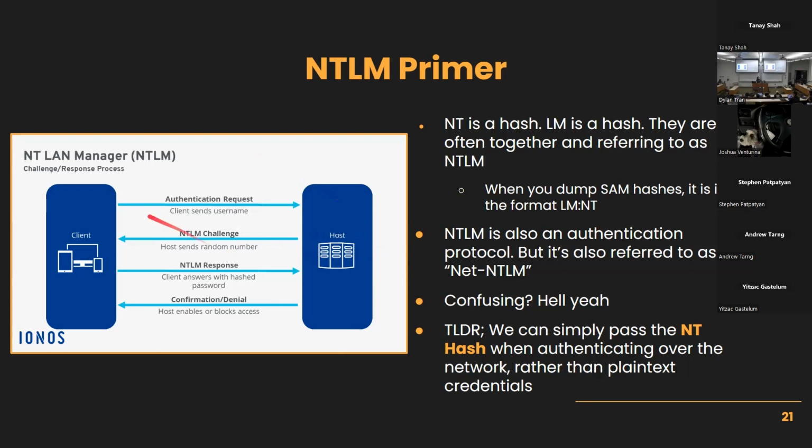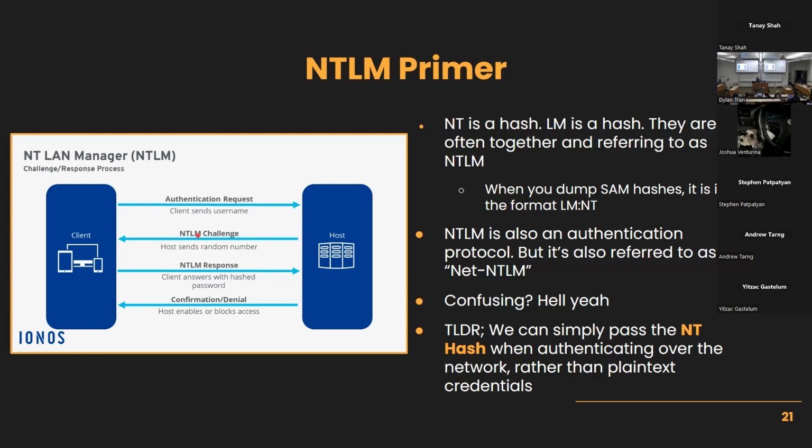And the way this is done is that challenge, that random set of numbers the authentication server is sending to you, gets encrypted with the hash of the user's password. That NTLM hash, or technically the NT hash.